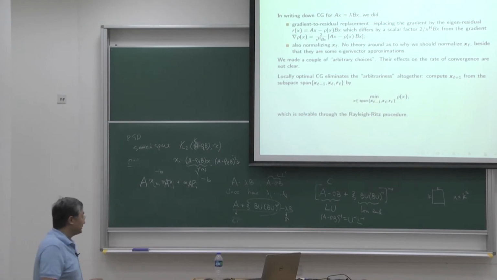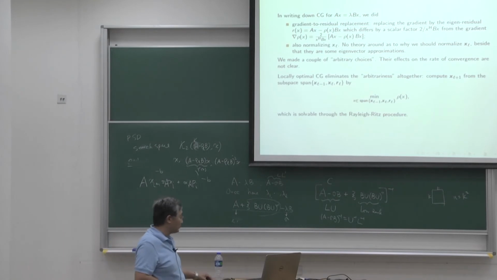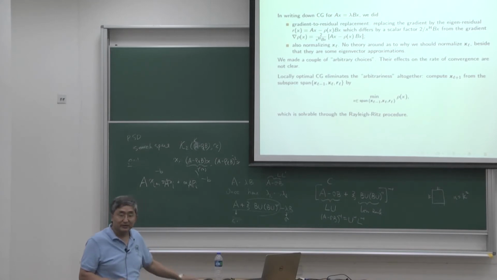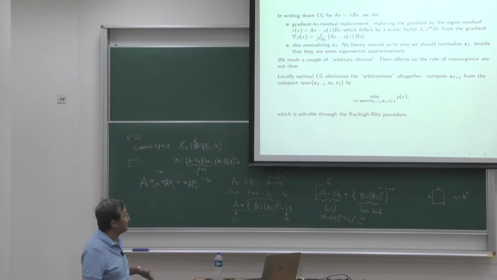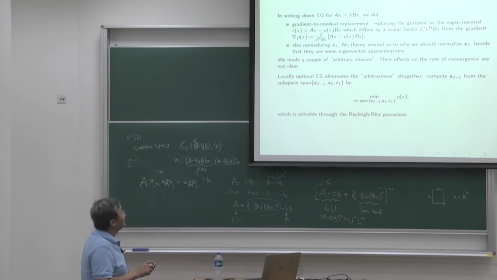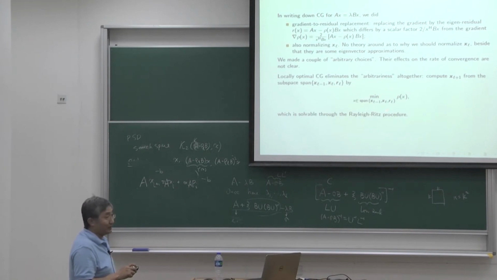Like I mentioned, in general locally optimal CG is difficult for a general nonlinear optimization problem, because even line search can be difficult. But for the eigenvalue problem, so long as the dimension is not big, a couple of hundred is not a problem, maybe even 500.